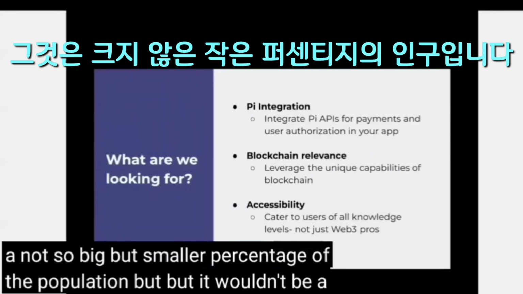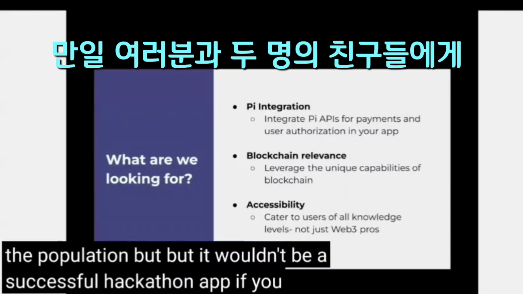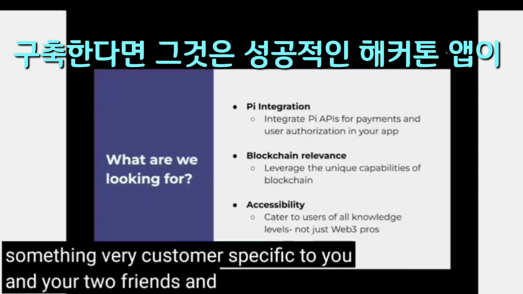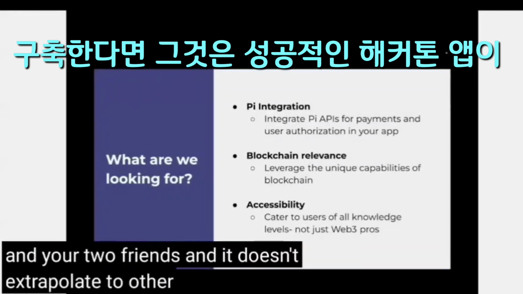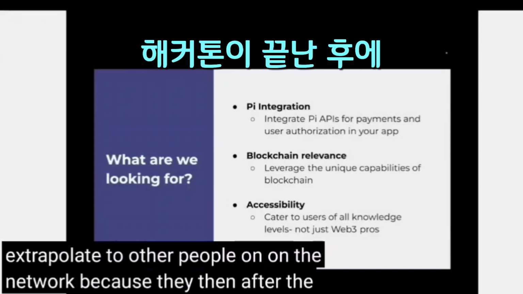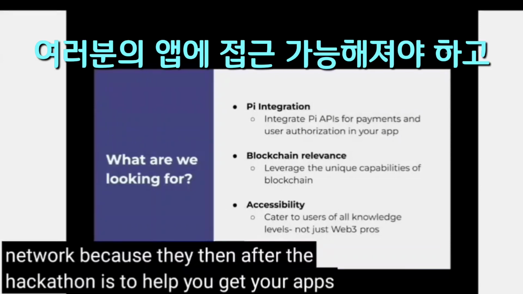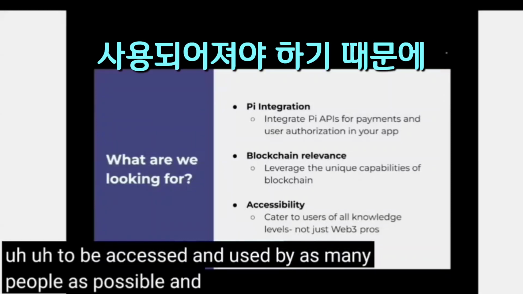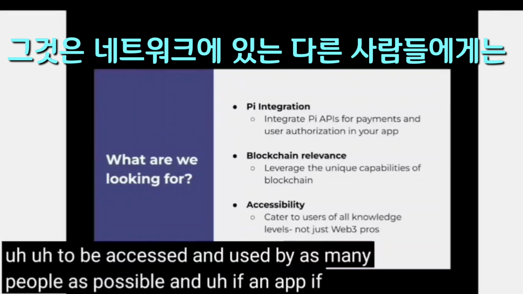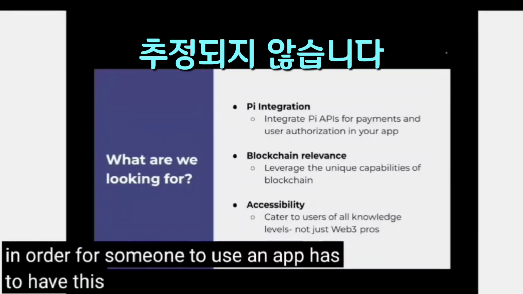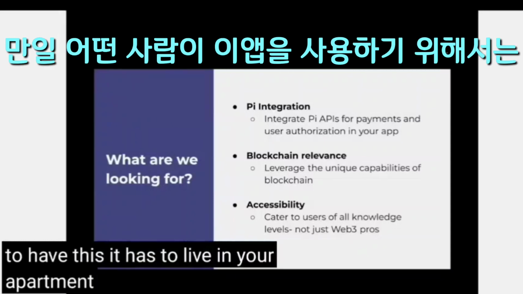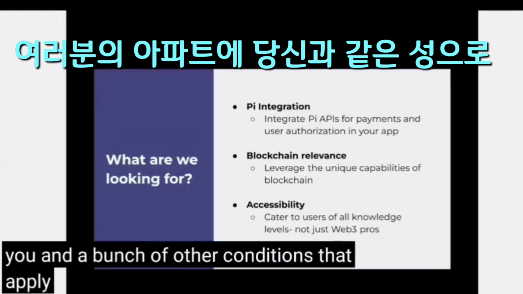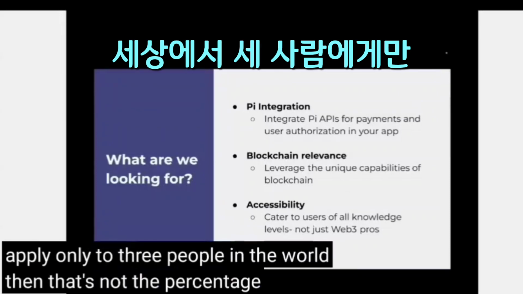But it wouldn't be a successful hackathon app if you build something very custom specific to you and your two friends, and it doesn't extrapolate to other people on the network. Because the intent after the hackathon is to help you get your apps to be accessed and used by as many people as possible. If in order for someone to use an app, they have to live in your apartment and have the same last name as you and a bunch of other conditions that apply only to 3 people in the world, then that's not a percentage of the population.